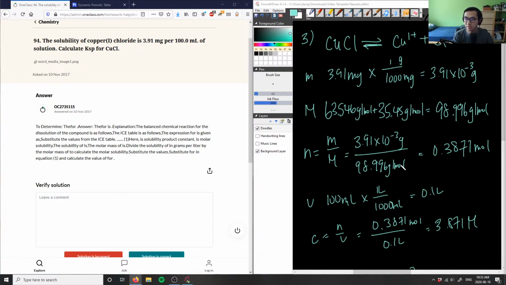Let me just see if I found the moles here correctly, just to make sure. Because I have a feeling that something is off, because that's an awfully big concentration. I think I multiplied instead of divided. This is 98.996. Yes, that makes sense here. So I think I multiplied here. So this here is my bad.